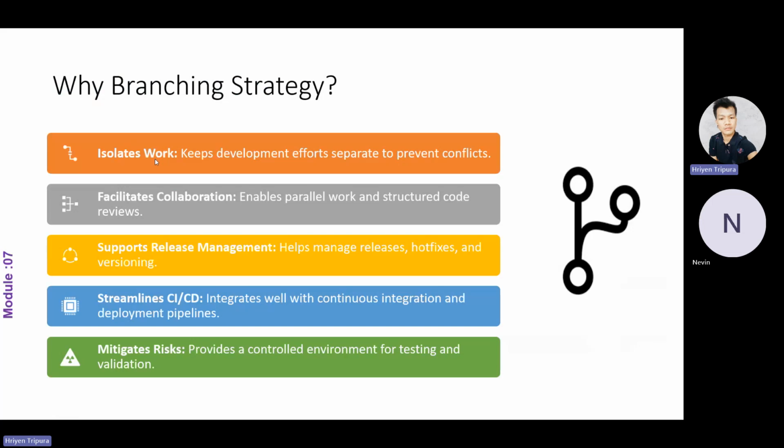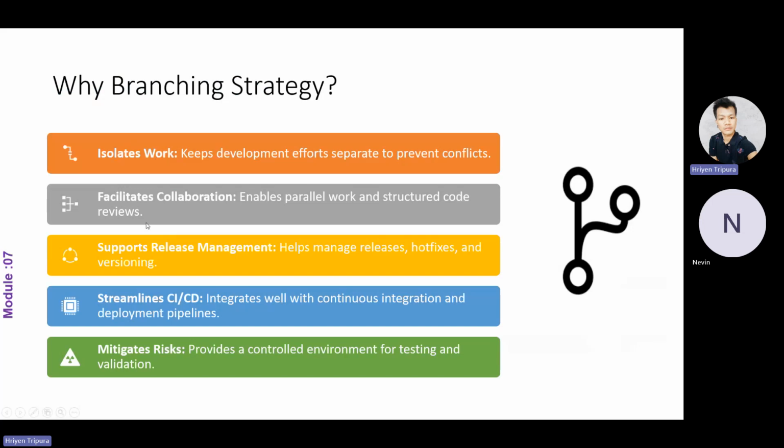If you make changes within the same branch and multiple people are working on it, you will have a lot of issues during merging, right? During pull requests also, conflicts may happen in many ways. That is why it is good to have a branching strategy, which will help us isolate our work.